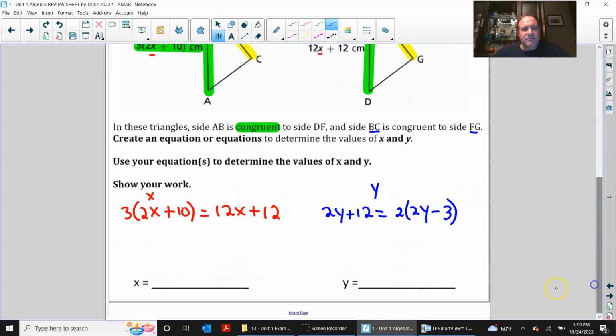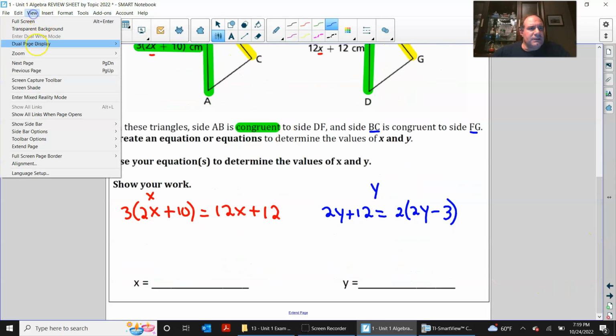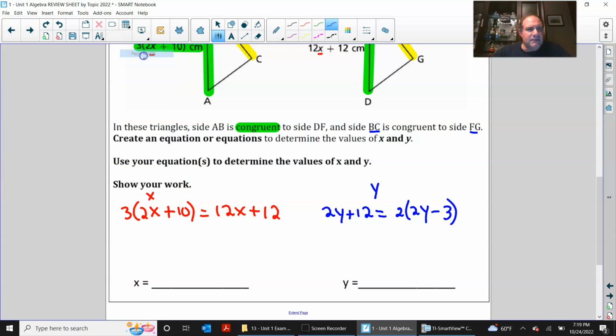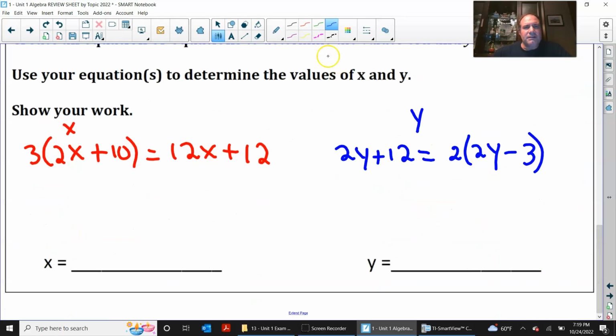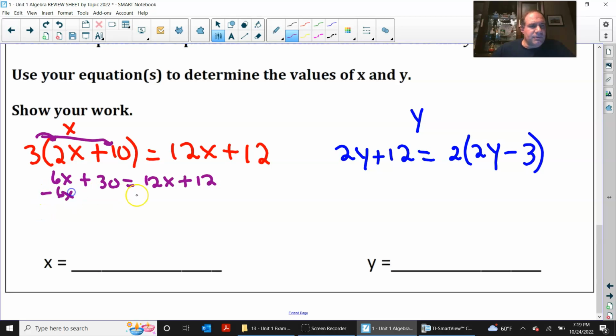I'm going to move this down and zoom back in so I have some space. I do not need to look at the triangles anymore. I'm going to do distributive property and solve here. We have 6x plus 30 equals 12x plus 12. I have minus 6x on both sides.